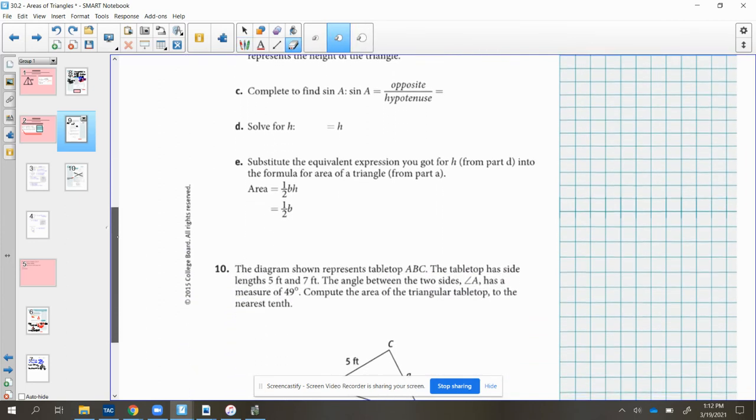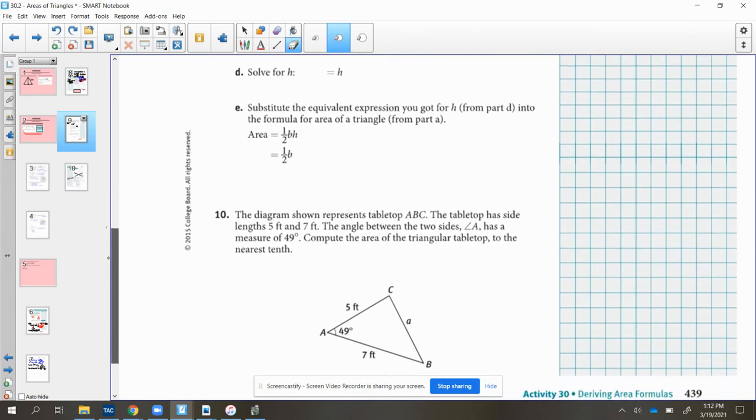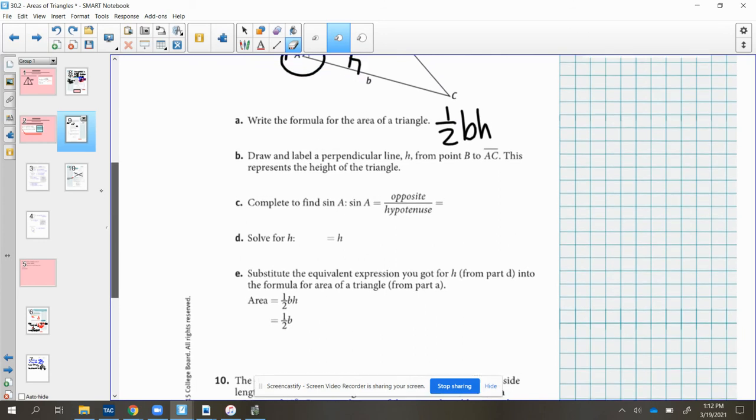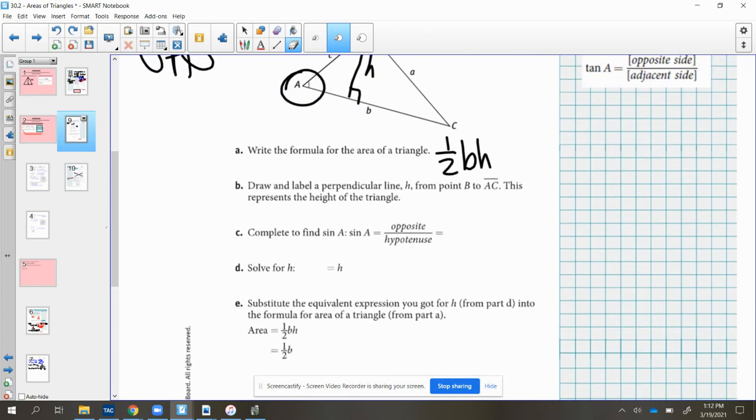So what ultimately ends up happening when we rearrange and get this formula all good to go, we would see that to, again, get that value for the sine of angle A, opposite over hypotenuse would be h over c.